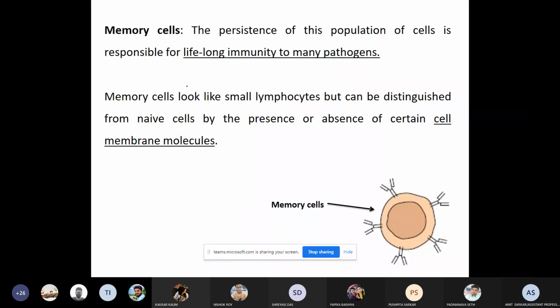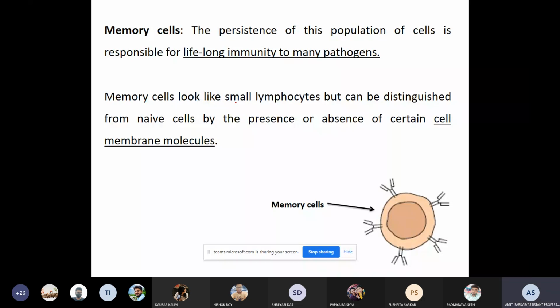Memory cells look like a small lymphocyte. There is not much difference, but there is one major difference between small lymphocytes and the memory cell. The memory cell contains certain kinds of cell membrane molecules. Those are absent in the small lymphocytes.